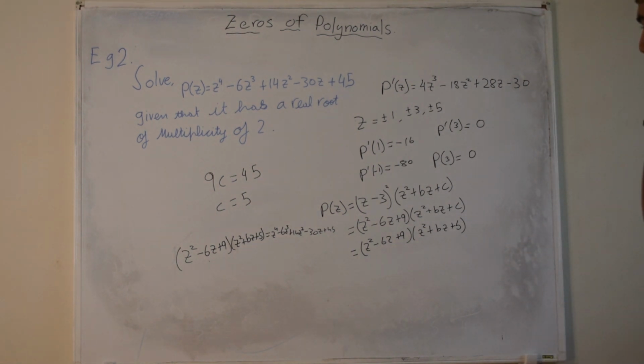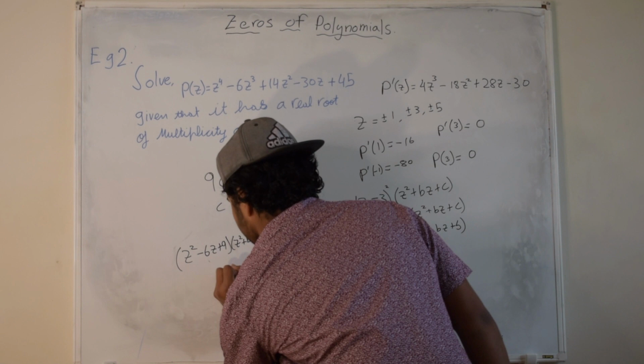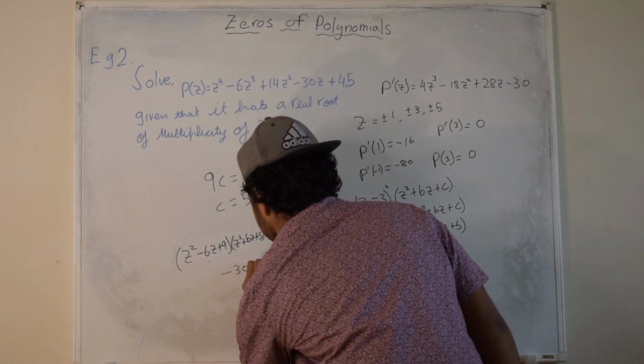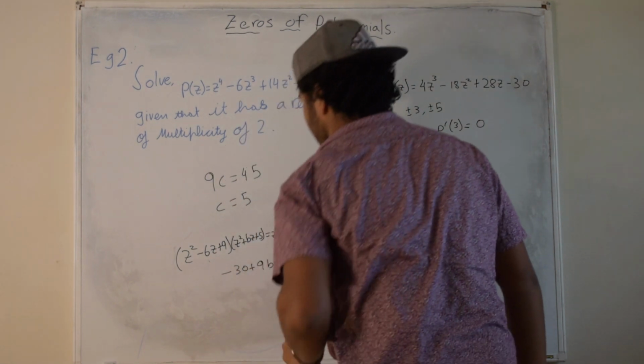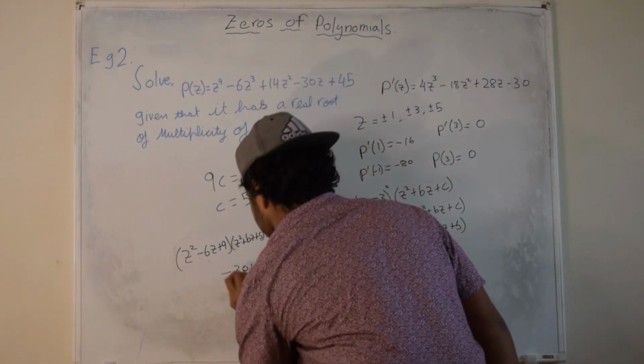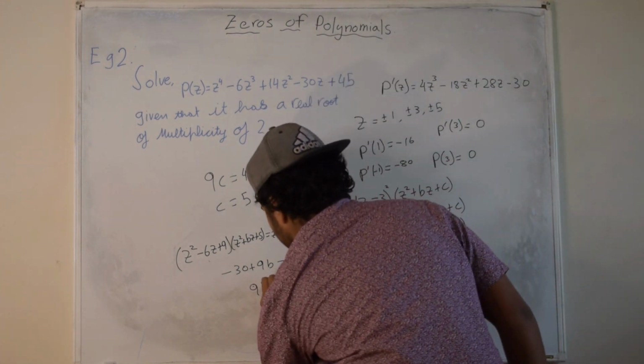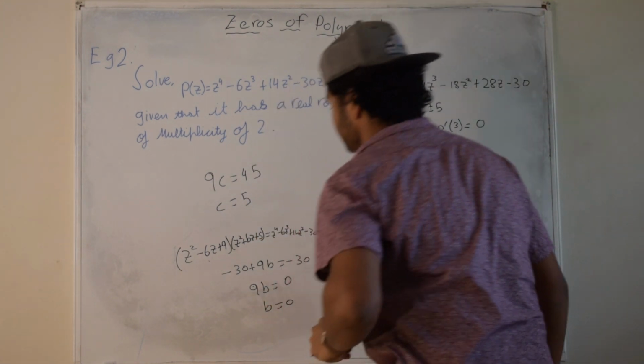So we know that negative 30 plus 9b equals negative 30. 9b equals 0, so b equals 0.